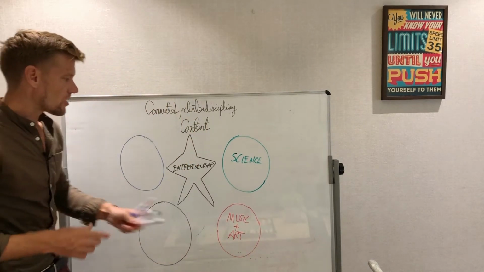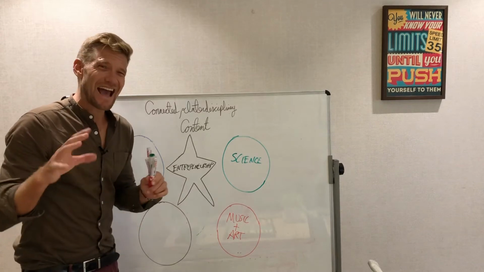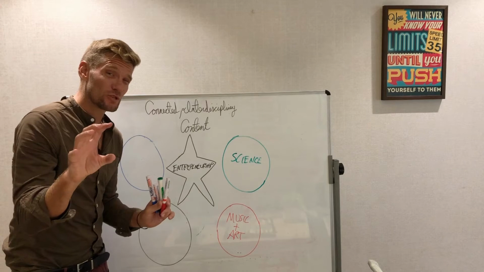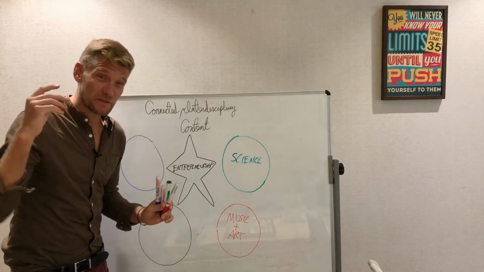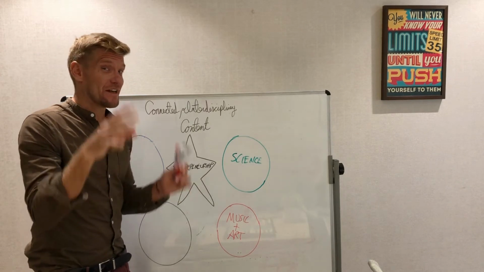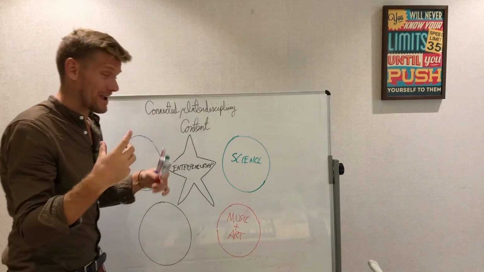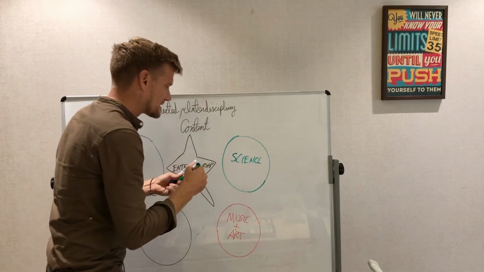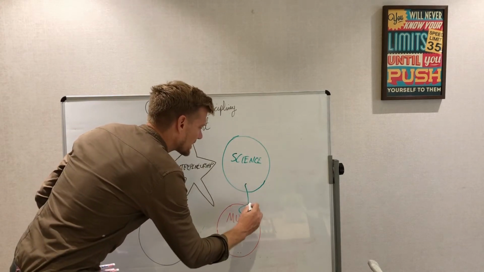And in music and art, what they're going to do is look at branding, they're going to look at campaigns, they're going to look at how to structure a nice jingle that is memorable, that associates that music with whatever their brand is. And they've now suddenly made the connections between science and music and art.